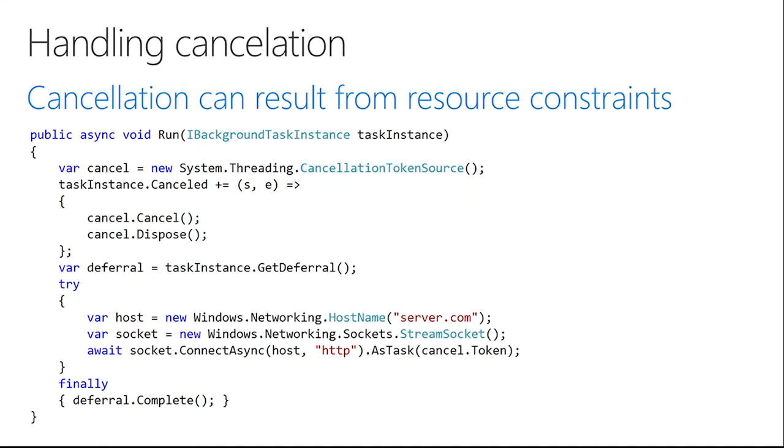Looking at the logic here, it's actually quite difficult to follow. So taskInstance.Canceled += is an event handler for when the system has just asked you to cancel. And what you do first of all is you cancel the cancel and dispose of the cancel. That cancel thing is a CancellationTokenSource, so it's part of the tasks.